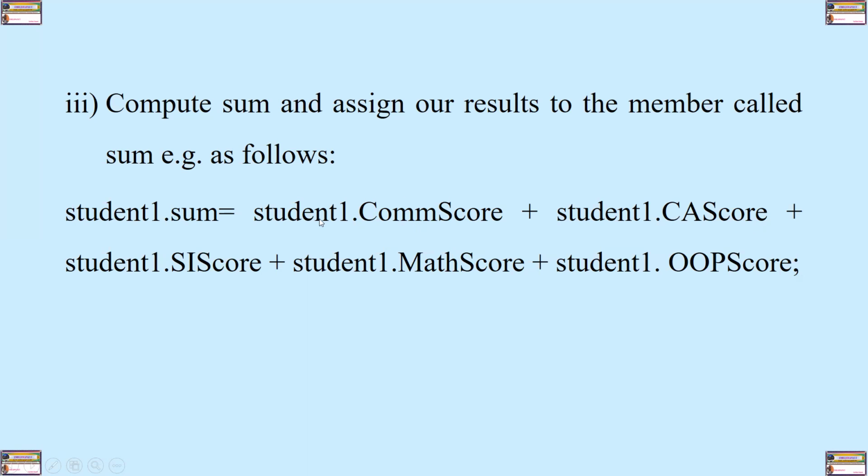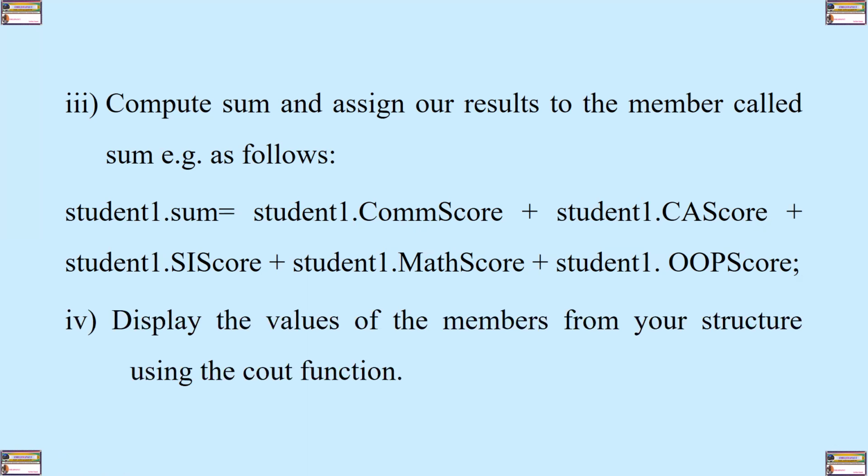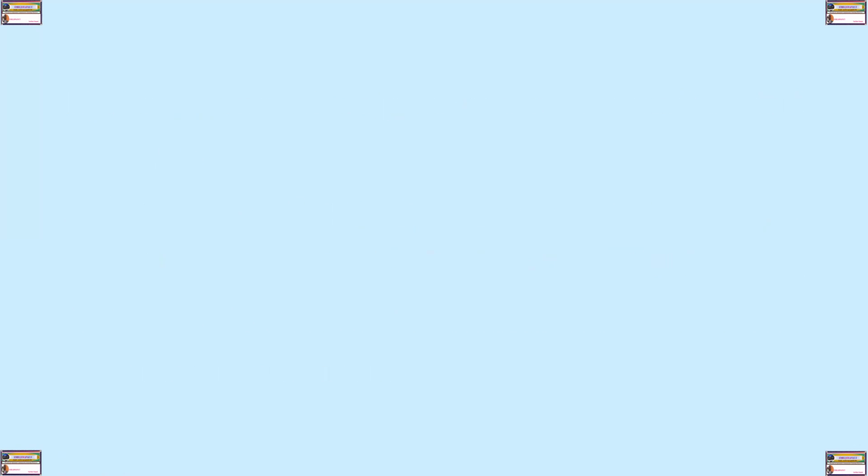The total or the cumulative sum is assigned to the member called sum, which is accessible through student1. In other words, student1 is the common variable for the structure. Then the rest are members. Then you display the values of the members from your structure using the cout function.